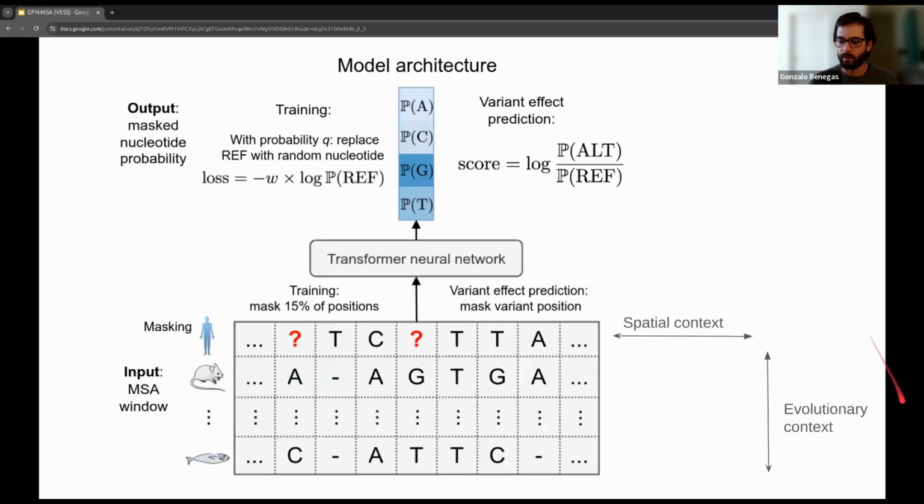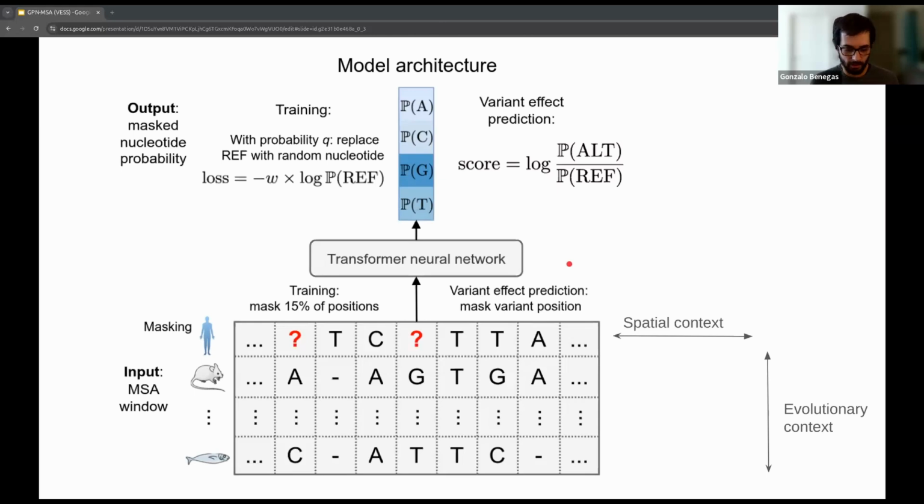So this is our adaptation of these ideas to genomics. The idea is to take as input the multiple sequence alignments, but just a window of the genome.